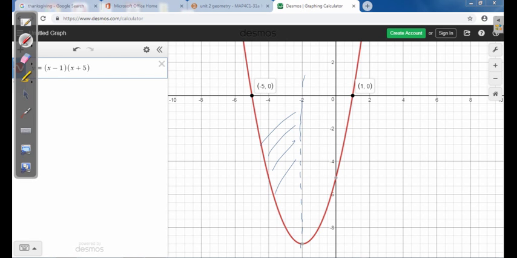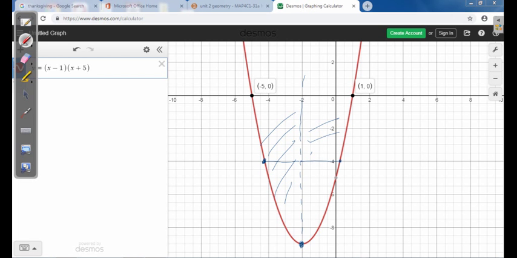The axis of symmetry passes through what point? The vertex, and it's the x value of the vertex. If I take any point on the graph and measure the distance from that point to the axis of symmetry, it's going to be the same distance on the x value on both sides.